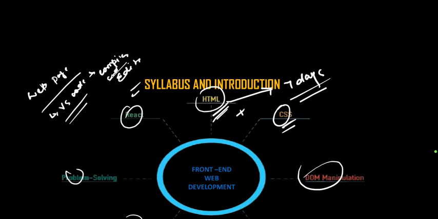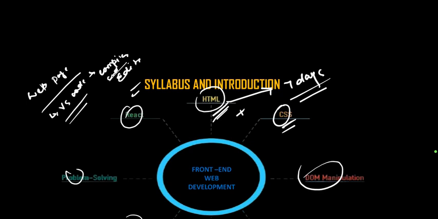So if you are giving the example for HTML, we can say the human skeleton, right? This is our HTML, right? Or if I am giving you an example for CSS, right?